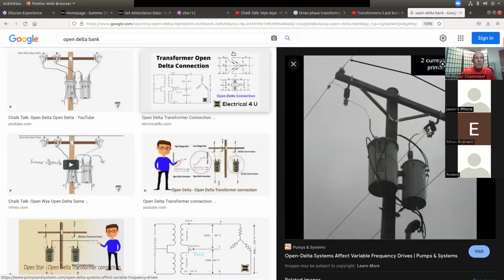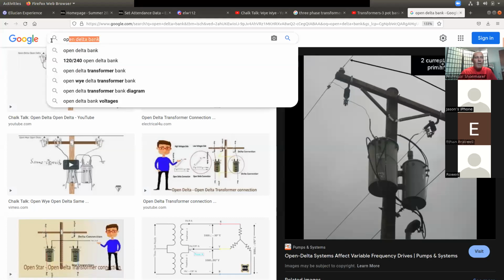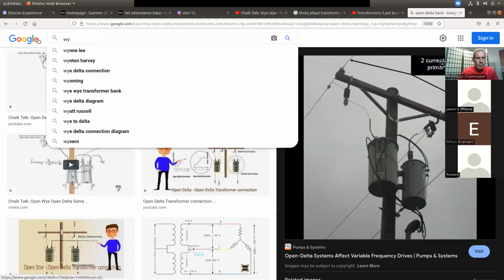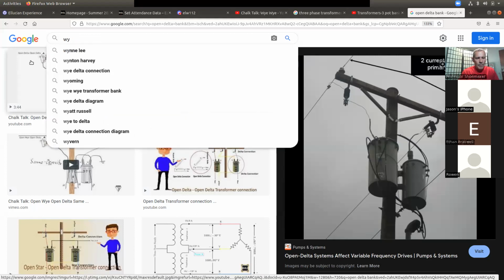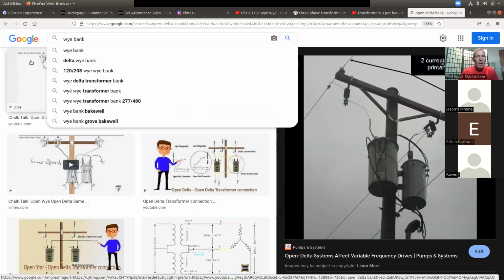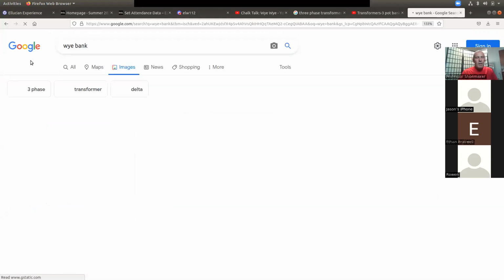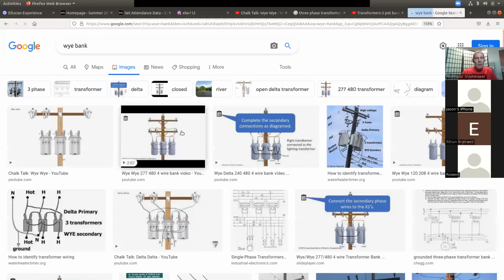Okay, let's try Y bank. Now, Y bank and a closed delta bank could be a little bit harder to tell because I've got three transformers for both, right? Scroll down a little bit here.